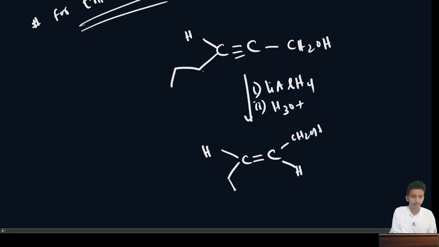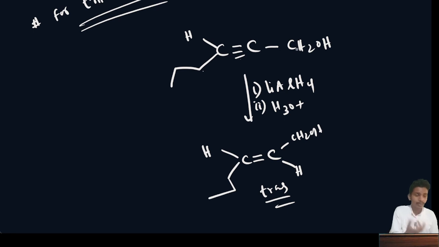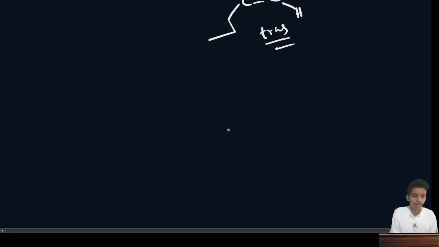So this has to be trans. Whenever the triple bond is there and an adjacent alcohol group is there, it is reduced to a trans alkene.